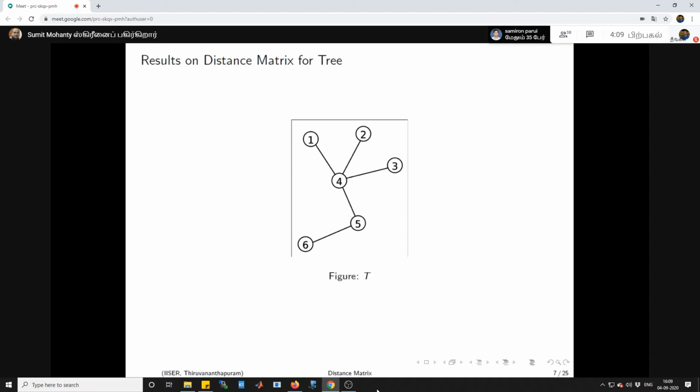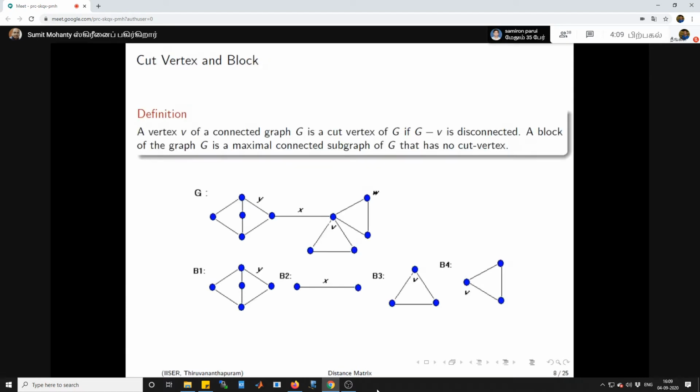To formally define it: given a graph G, a vertex v is said to be a cut vertex if G minus v, where you delete the vertex and all its adjacent edges, gives you a disconnected graph. For this graph specifically, if you delete this vertex and all its adjacent edges, you get two graphs, one is this and another is this.